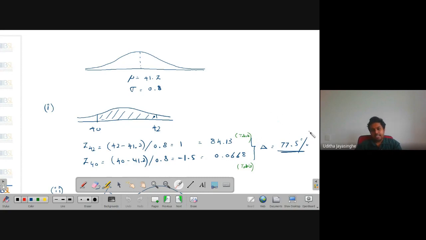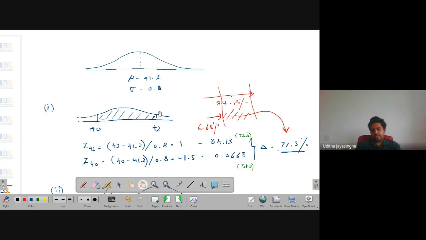The range is going to be 77.5. If I quickly put up another diagram just to be more descriptive, 84.13% minus 6.68%. That is the range that I'm going to get for this answer.